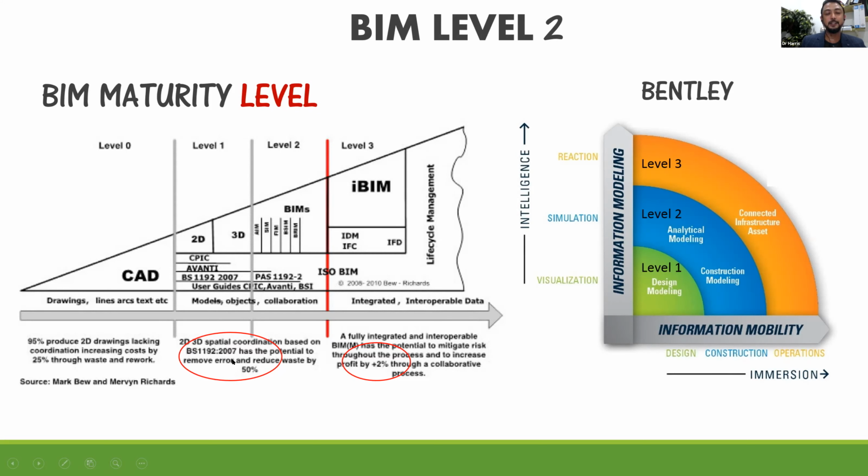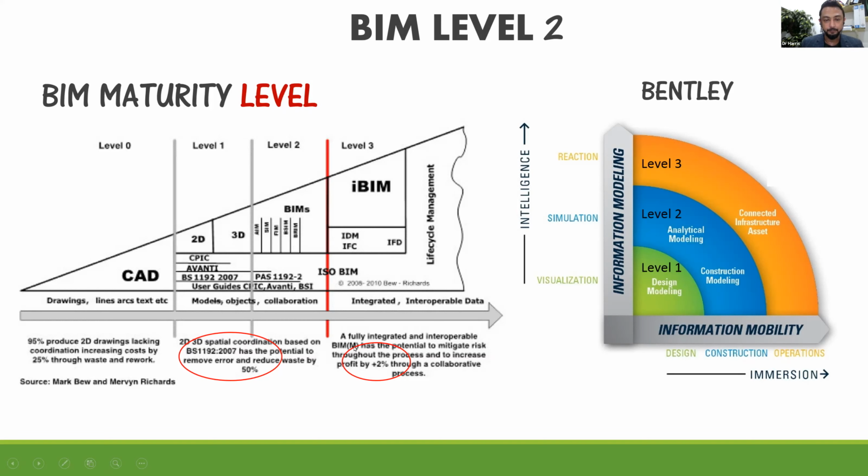That is actually BIM. It's not the 3D model. It's not the software. It's not the Autodesk or so on. BIM is about having the right process, having the right information you input into the model, and having the right standard. When you use BS 1192, then only you will get a reduction of waste by 50%.